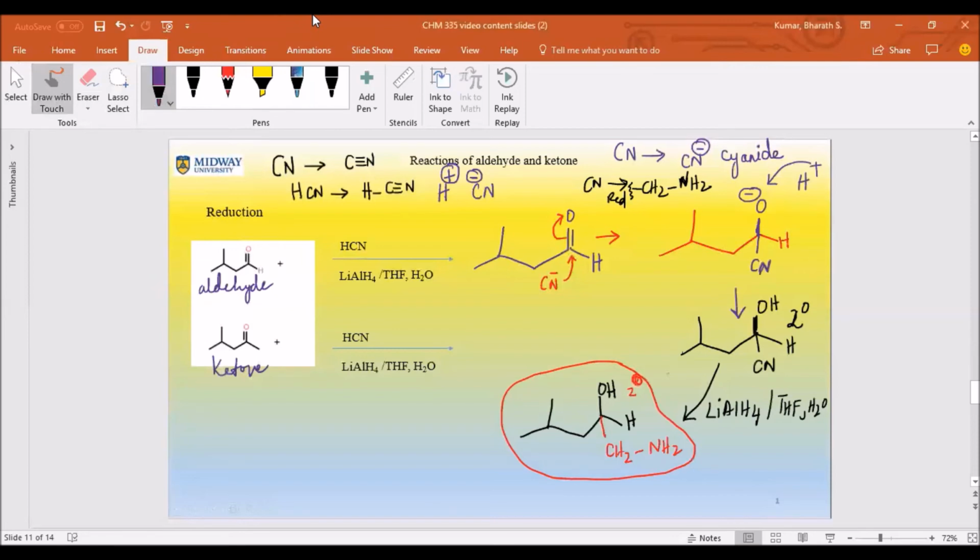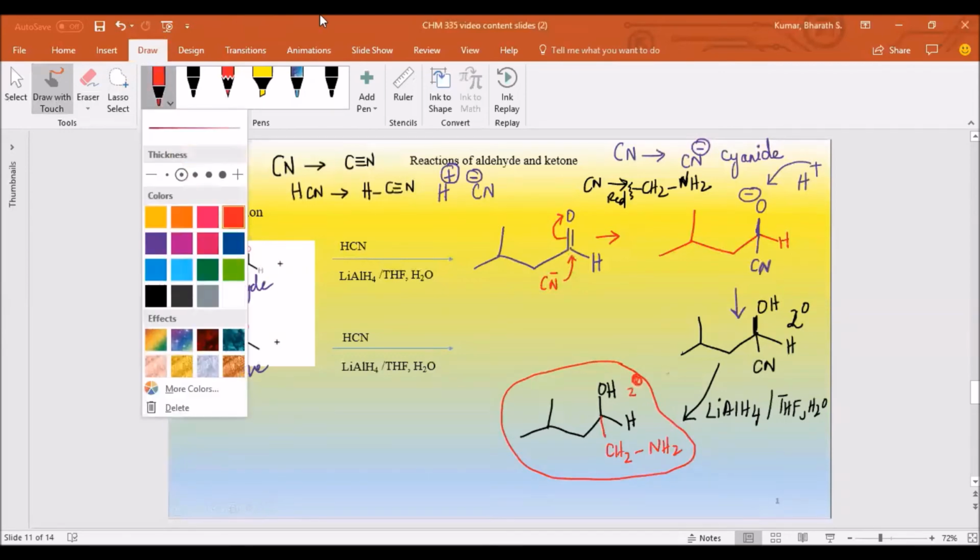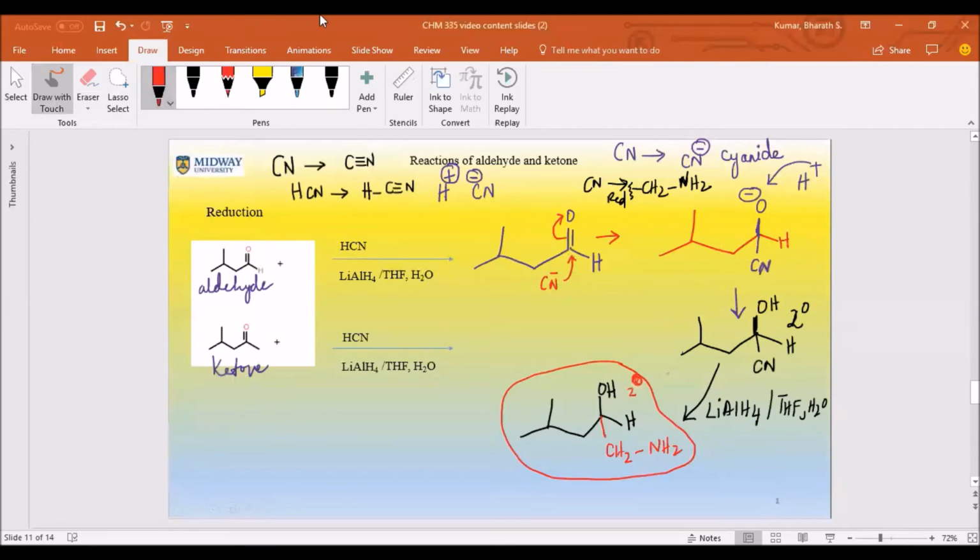You should be able to figure out the product for this reaction involving a ketone. As I said, everything is exactly the same, particularly the second part. Whenever you reduce a CN, it produces CH2 and NH2, and these are your reducing agents. If you apply everything to this problem, which is a ketone, this is what you should get as a product.